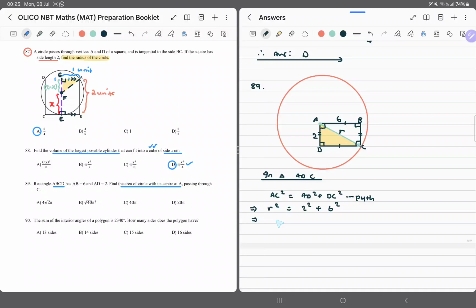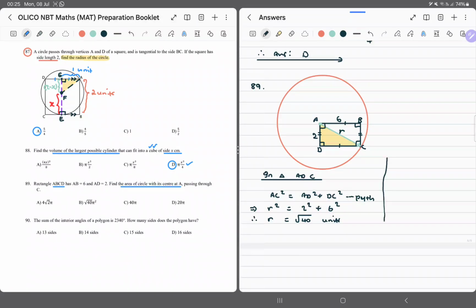This implies that, let's just move quick, we don't have time, so we can say therefore our R is the square root of, now this is 36 plus 4, that is 40. Right, and we can see here we've got some 40s, so let's keep this as it is. So we can say units.